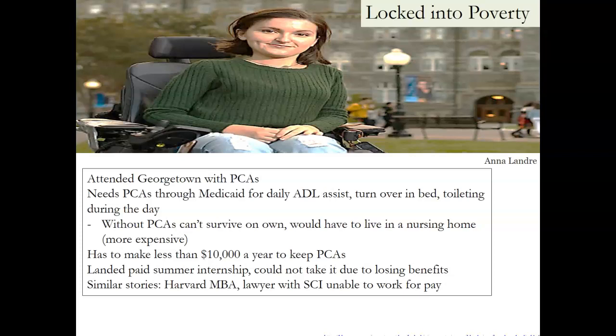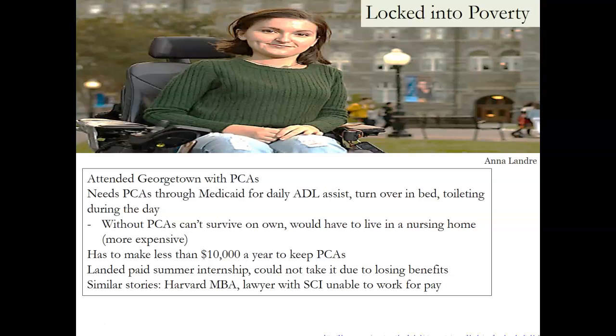She needs these PCAs through her Medicaid to give her that daily assist. She can't function without them. They turn her over in bed, help her with toileting, changing, getting dressed, all these essential things that she needs them for. Without them, she can't live on her own in an apartment. She would have to live in a nursing home, which obviously would be a lot more expensive to the system.